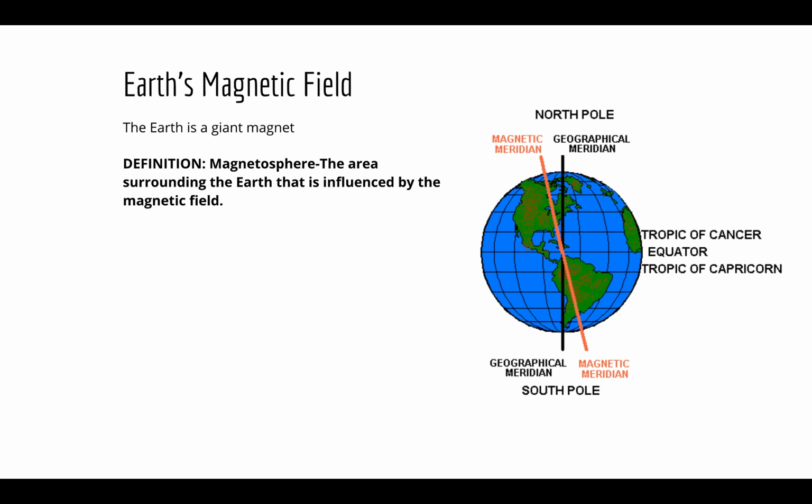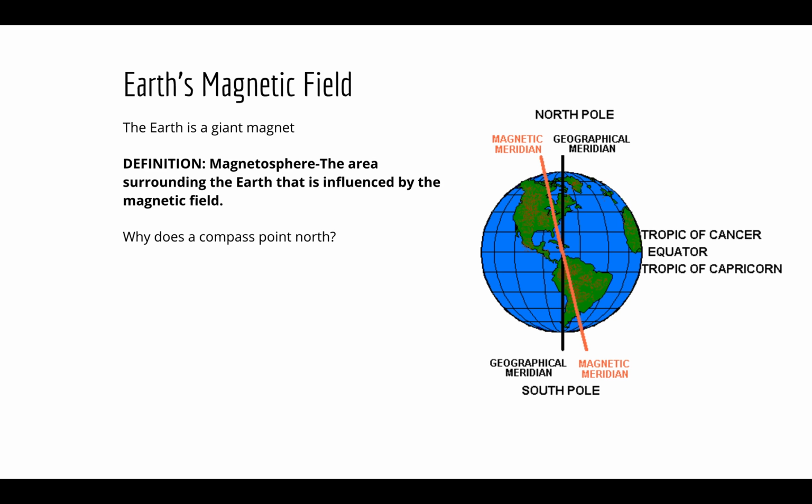We learned about this when we learned about the layers of the atmosphere. Now, the magnetosphere serves a very important purpose. It actually protects us from harmful solar winds and from harmful radiation from the sun. Because it's magnetic, when charged particles from the sun approach it, it is actually able to deflect them.